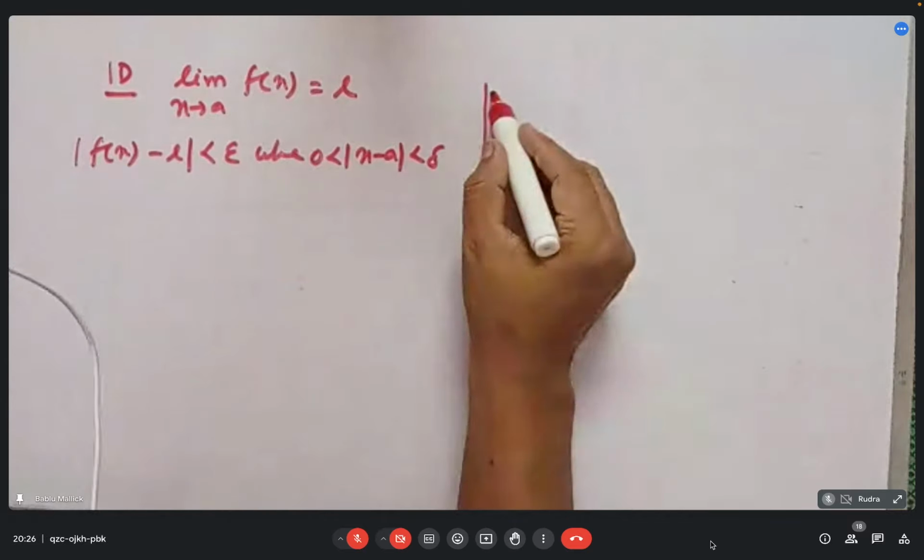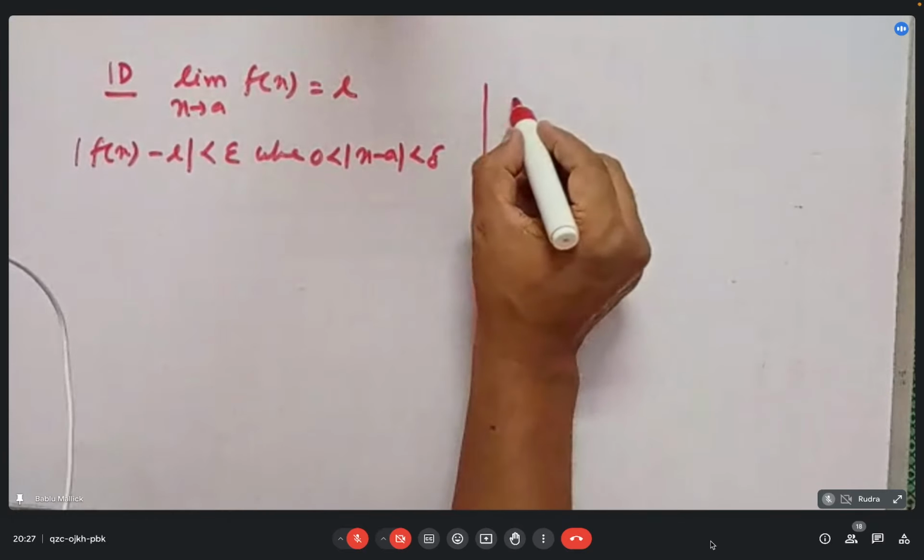In two dimension, what will you do? Write this.